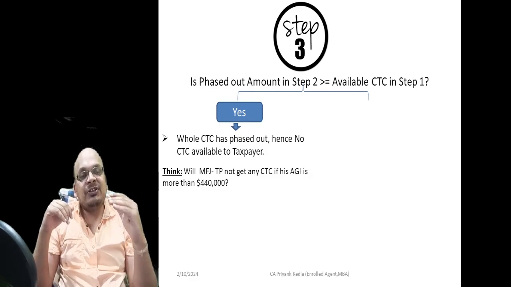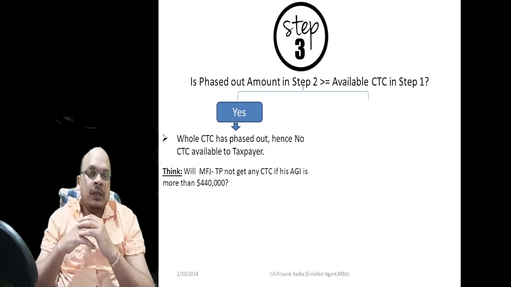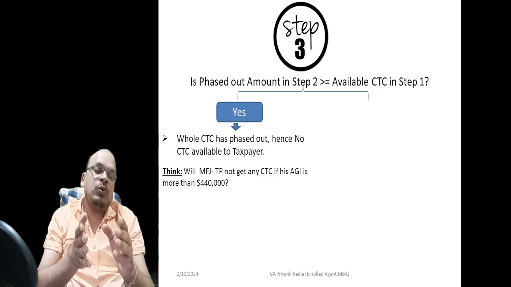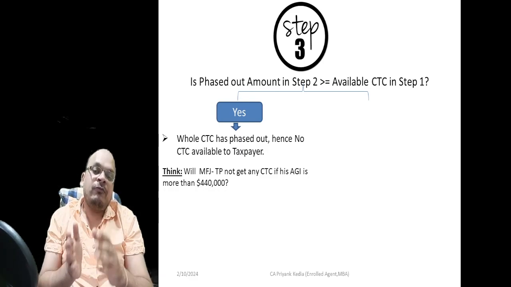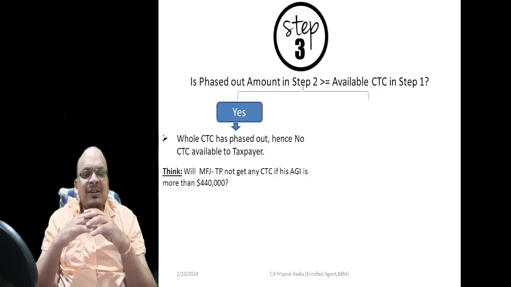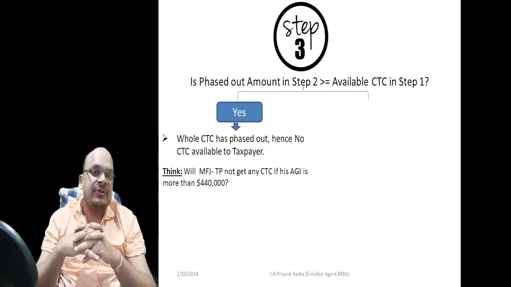Here we can see that his AGI exceeds the threshold limit by $40,000. Now 5% of $40,000, or you can say $50 per $1,000, so $2,000 for $40,000 is the phase out amount. So does that mean that he is not eligible for any child tax credit?